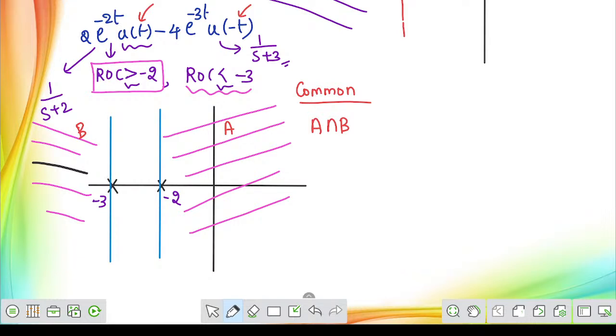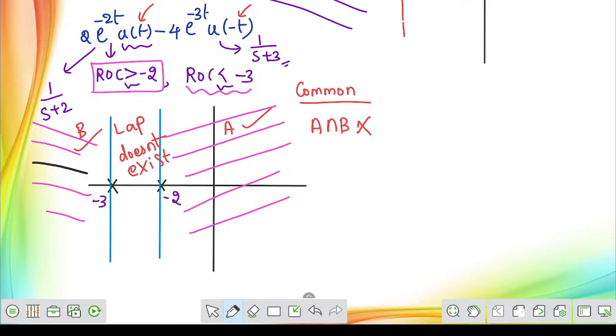If there is no common intersection between A and B, see that A is here, B is here, they are not touching each other, sir, then Laplace itself does not exist for the given function. Laplace does not exist. That's it. This is how you have to give your answer.